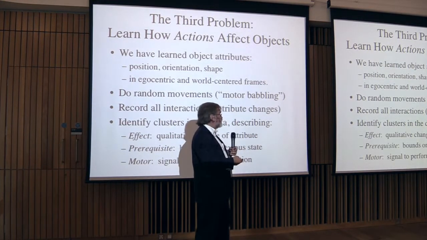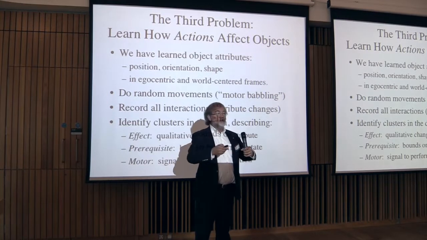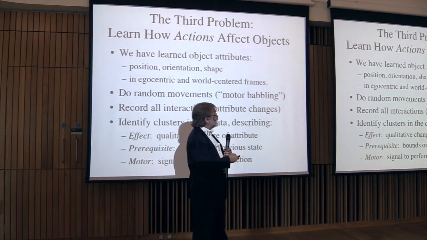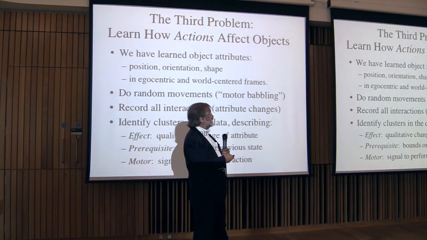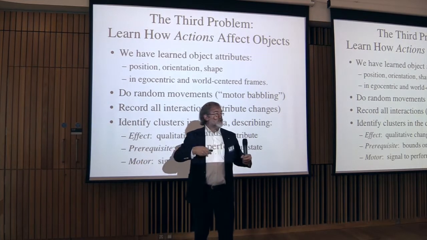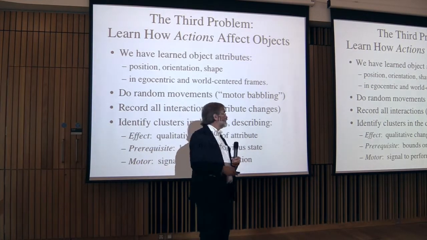We'll see examples in a moment. So if I can move an object, then it changes its position in the world-centered frame. When I turn, every object changes its position in the egocentric frame, but not in the world-centered frame.